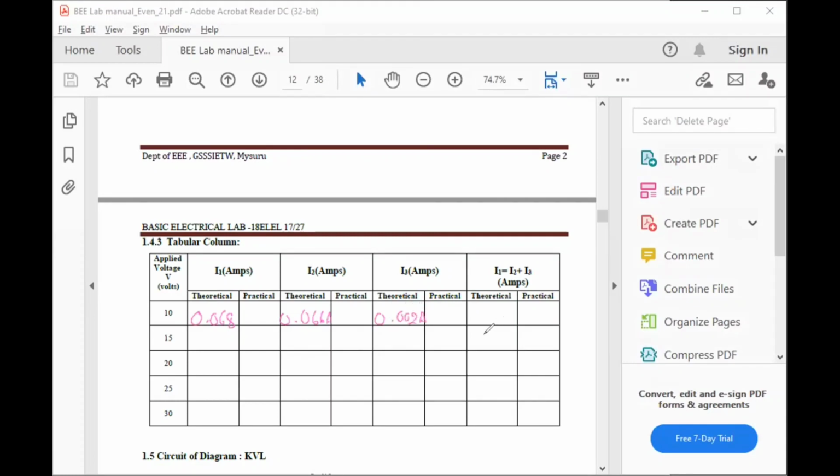Okay, as you can see, if you add I2 plus I3, that will be equal to I1. That is what we actually need to verify here, and we are getting those values. And that we will be verifying practically. Once you take the practical readings, we are going to verify them with the theoretical calculations.